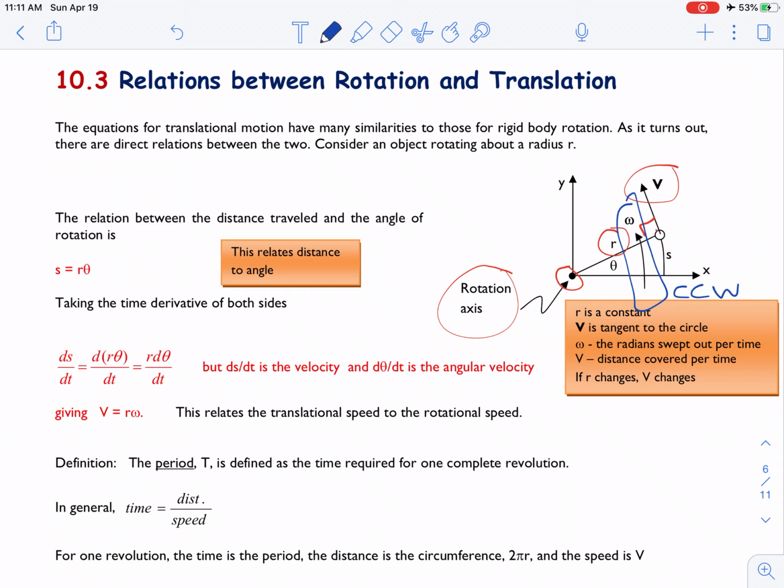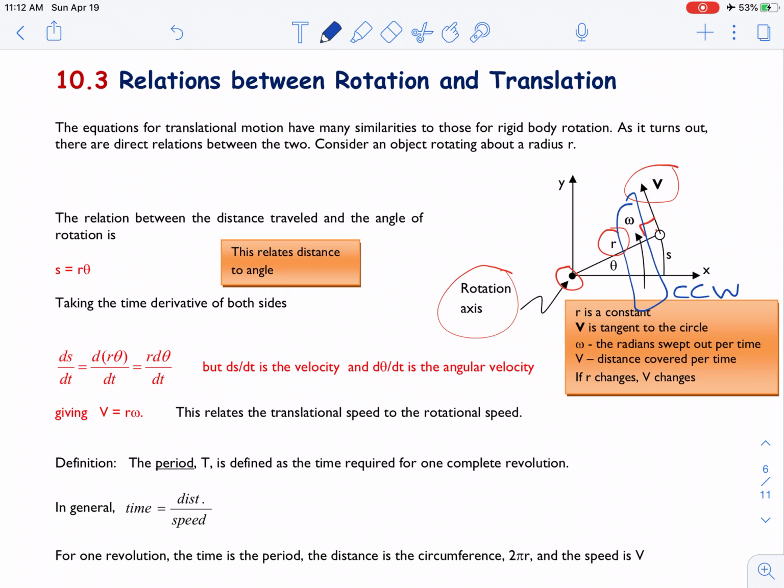And if r changes, v changes. Okay, so if you make r to 0, what happens to v? 0, right? So r and v will change in the same ratio, and we will talk about it in the equation.